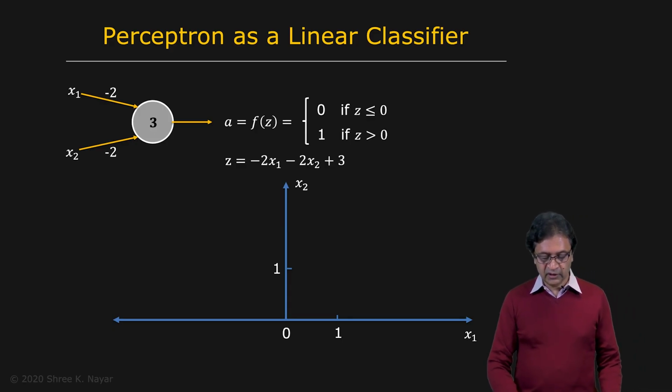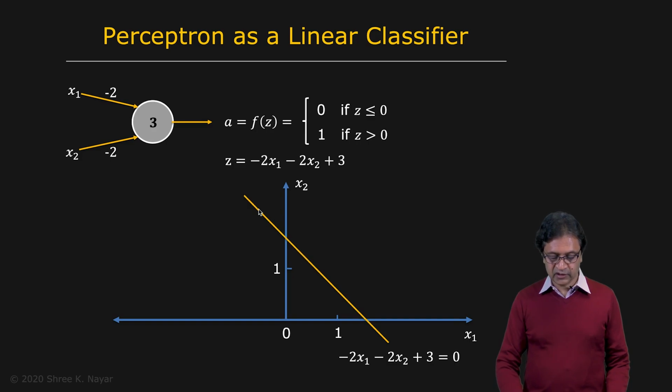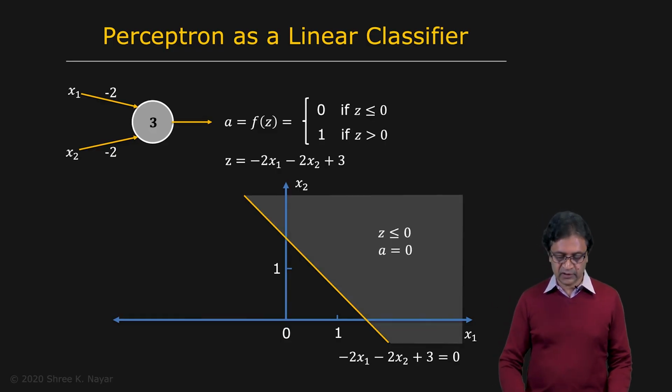And we showed that this perceptron acts like a linear classifier, where the decision boundary is this straight line right here, -2x1 - 2x2 + 3 = 0. If an input happens to lie on or on the right side of this line, then you have an activation or an output of 0.